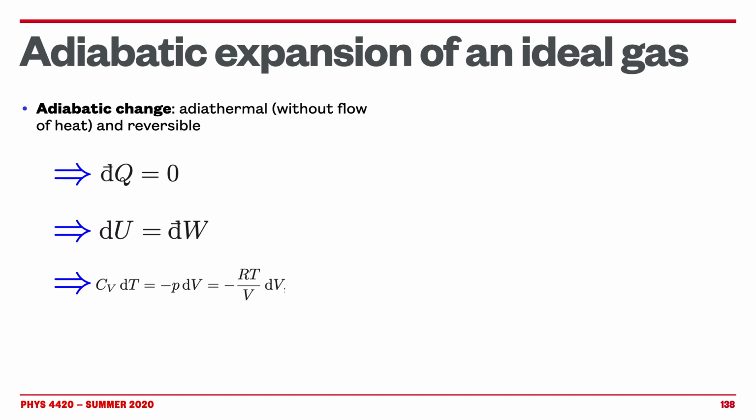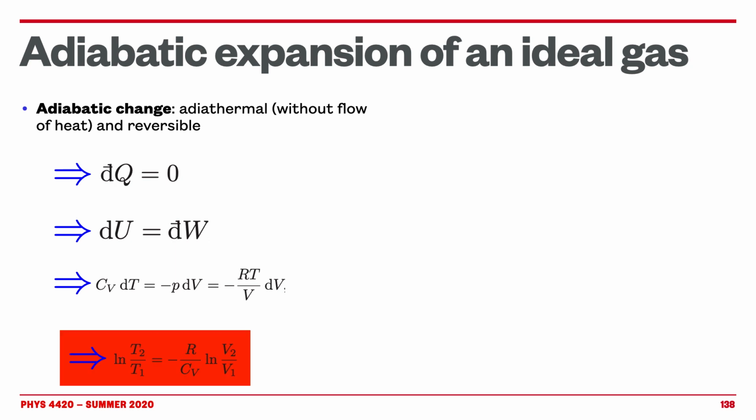So, of course, dT over T and dV over V can be integrated on both sides, and we end up with the situation where the logarithm of the ratio of temperature is going to be equal to minus R over Cv with the logarithm of the ratio of the volumes. So that equation is somewhat different from the one we just saw, because for the isothermal expansion, we also had a logarithm of V2 over V1, but it was proportional to the change of heat.